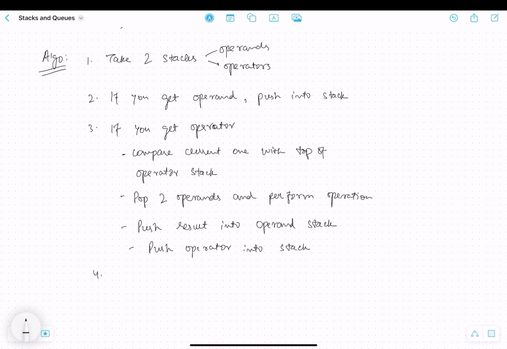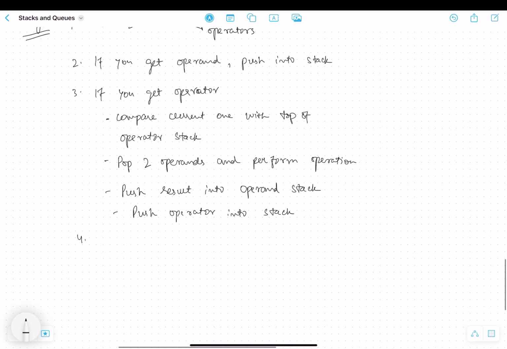If you get an opening parenthesis, push it into the operator stack. When you get a closing one, you have to pop until you get the opening one.